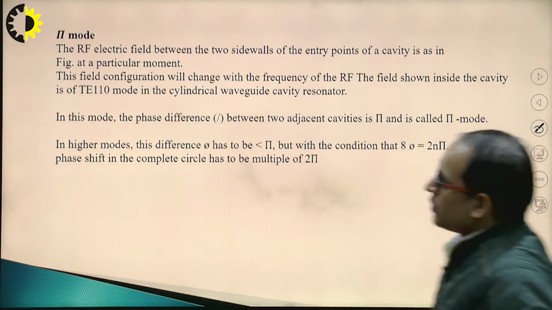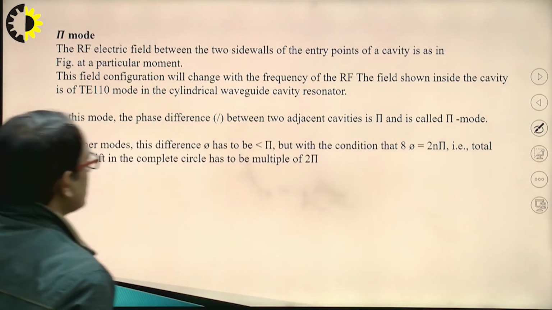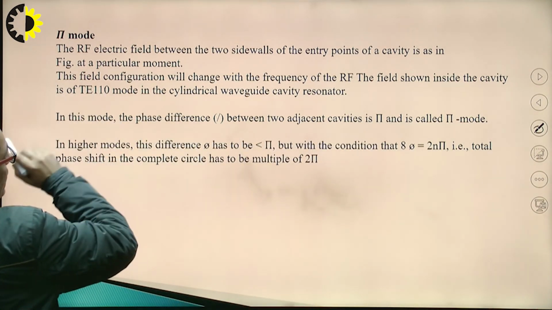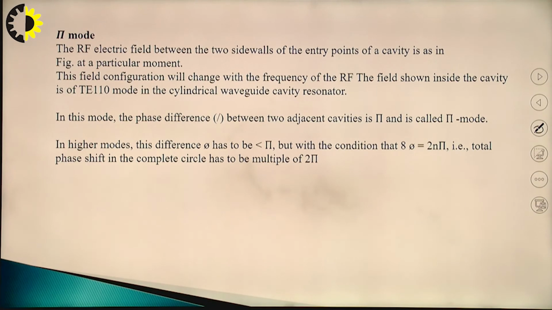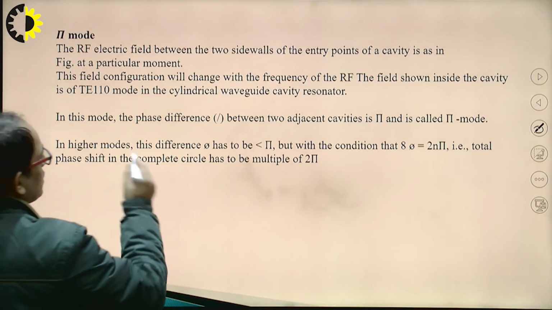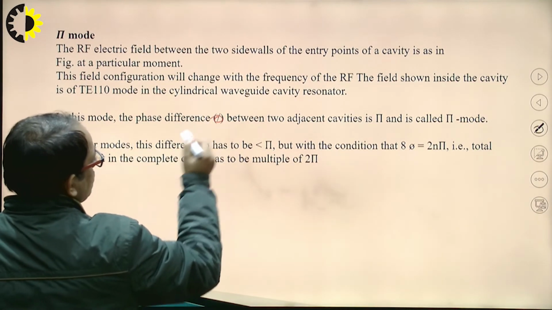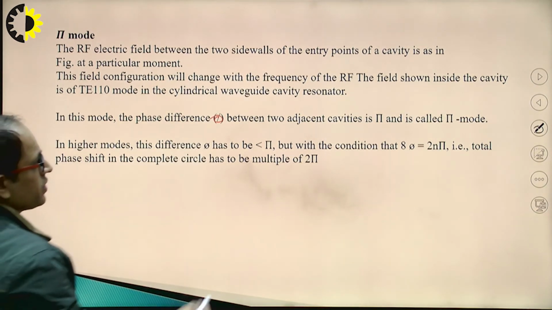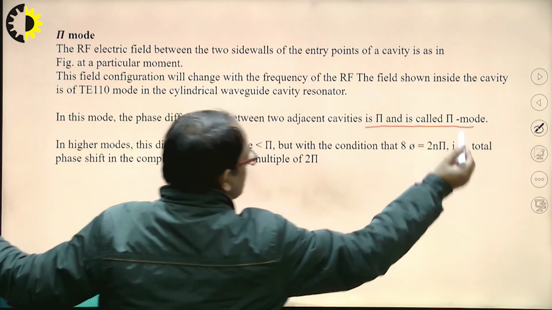Now, what is pi mode? Pi mode usually consists of 8 cavities, and the phase difference between two adjacent cavities is pi, and it is known as the pi mode.